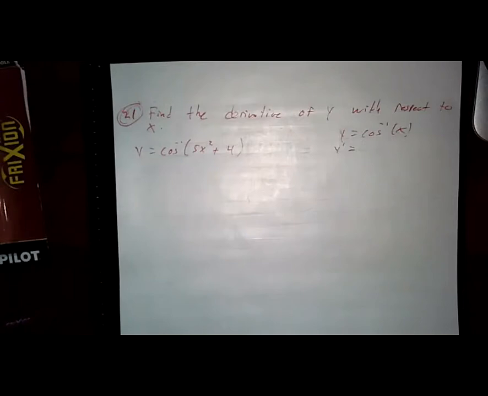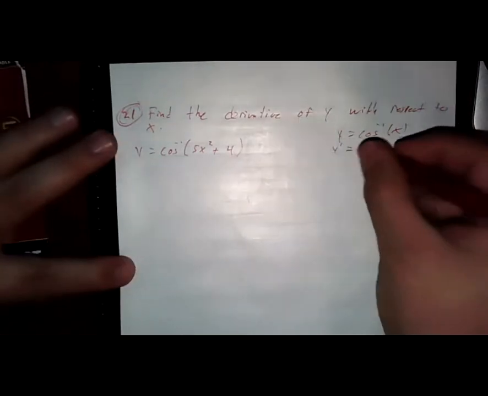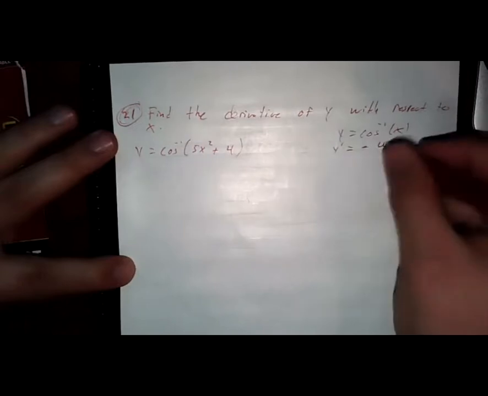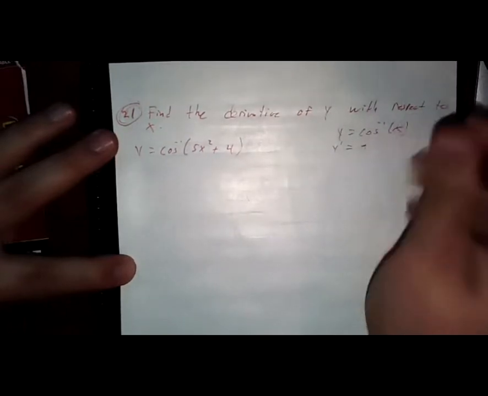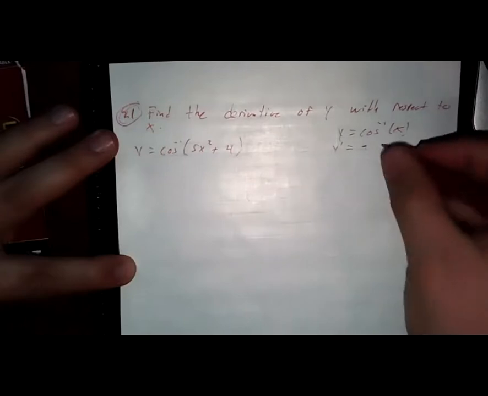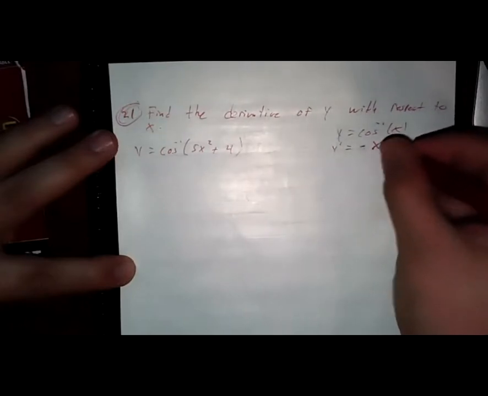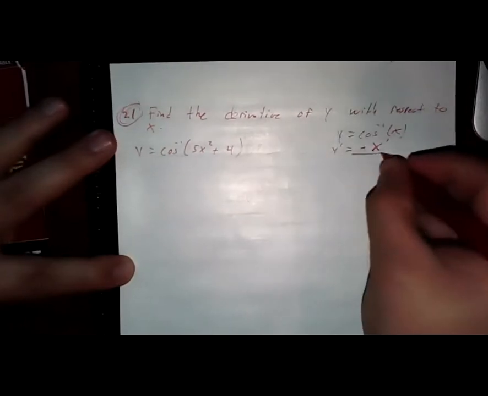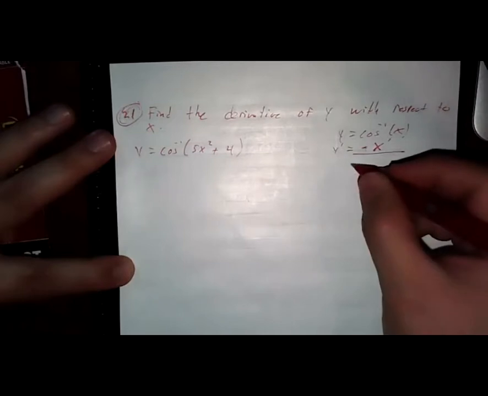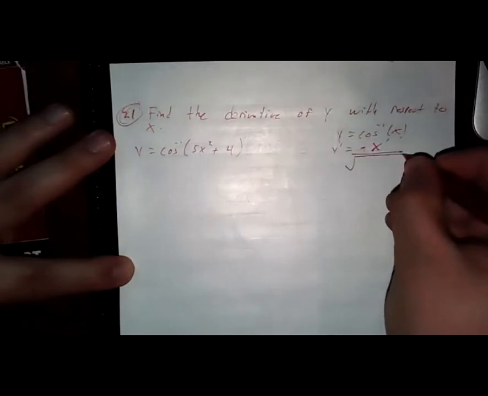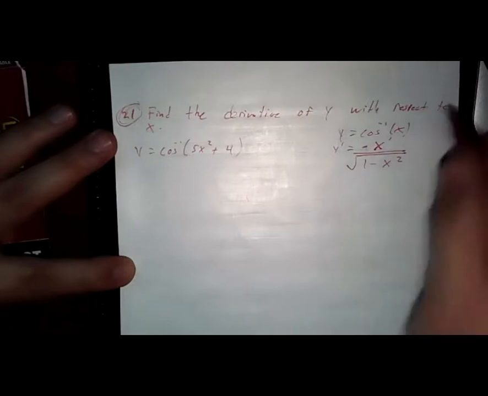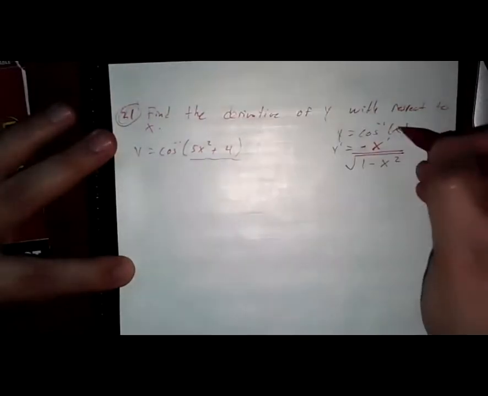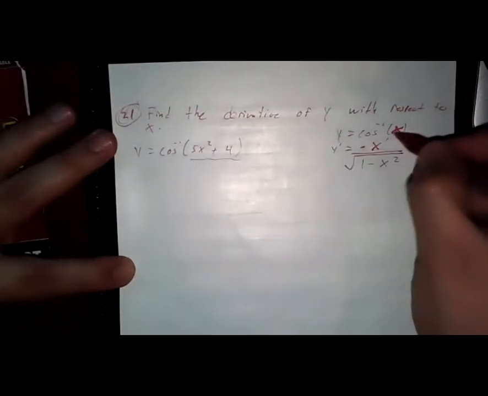Cosine, I think, has a negative on it. Yeah. Negative u, or sorry, in our case it'd be x. Negative x prime, the derivative of whatever's in there, over the square root of 1 minus x squared. So this argument is like the big x, right? This x here.